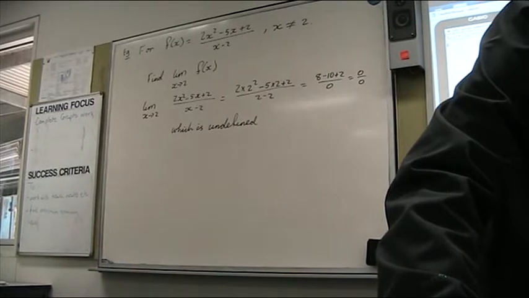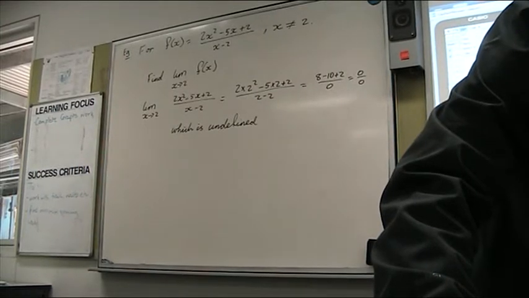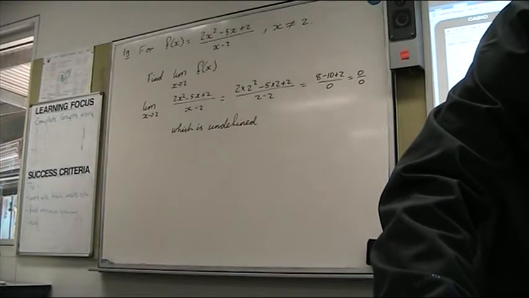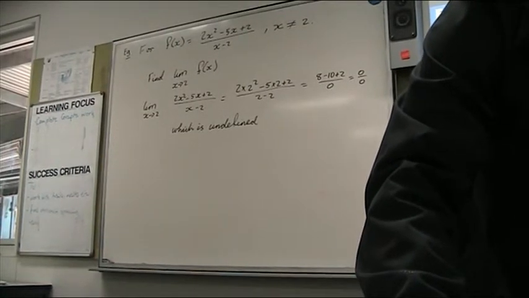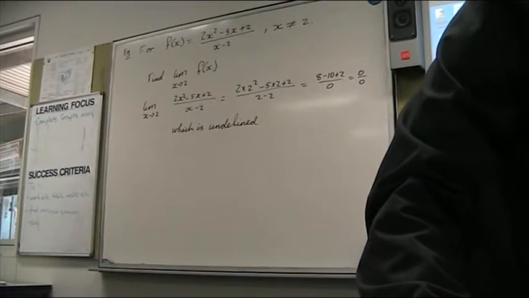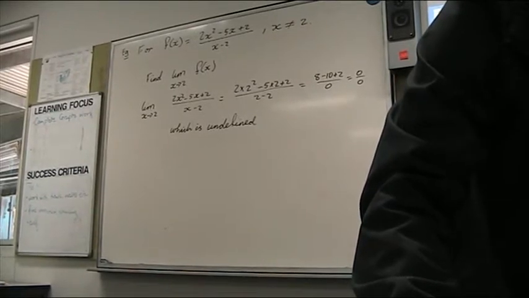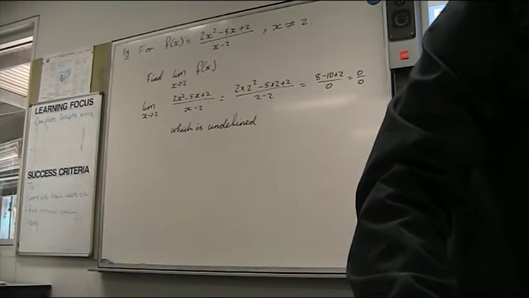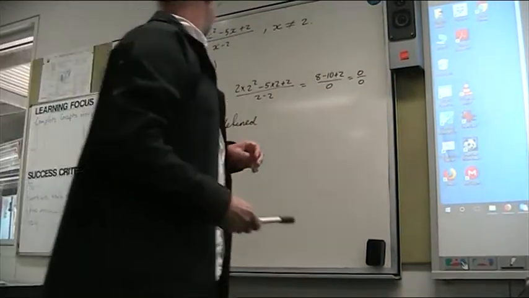But if we have a look at a graph of this, 2x squared minus 5x plus 2 over x minus 2, it's a straight line.